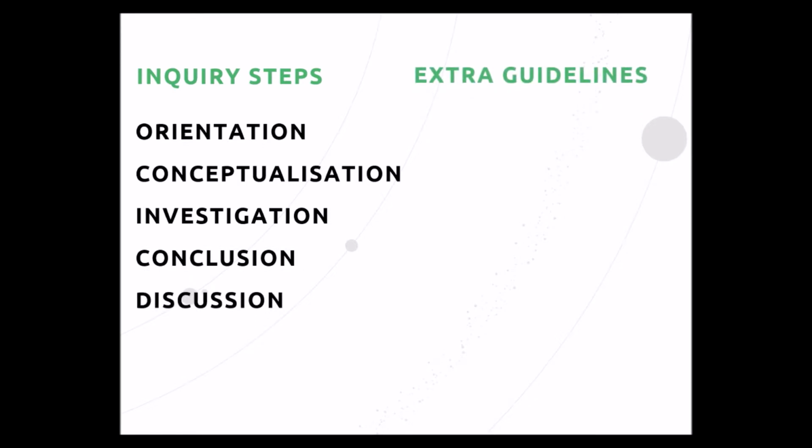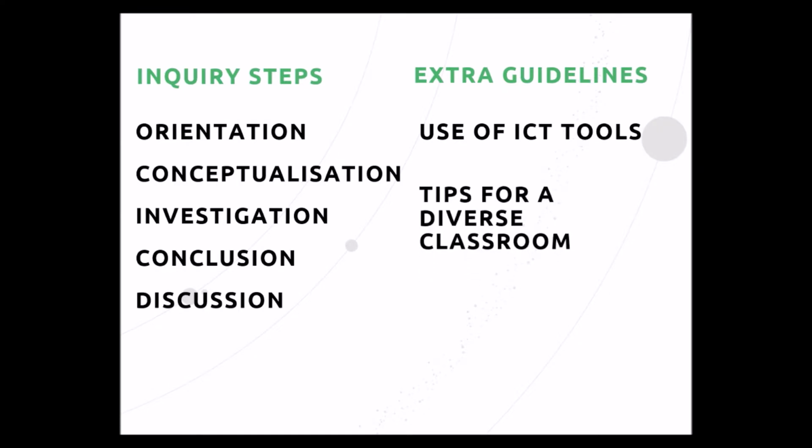You're also going to find under each phase an extra set of guidelines, which includes some links to basic ICT tools you can use during each step. You will find tips for a diverse classroom, and you will also have a list of the main skills involved and how for each step.